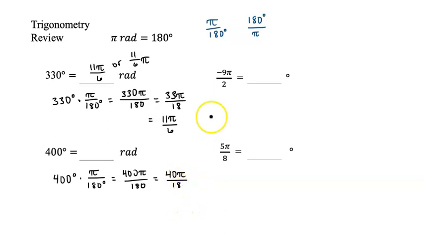And let's see, what's the largest factor of both 40 and 18? That's looking like 2. And dividing by 2 will give us 20 pi over 9. Now with radians, the important thing here is you just want to simplify this fraction. So we've got 20 pi over 9 radians.